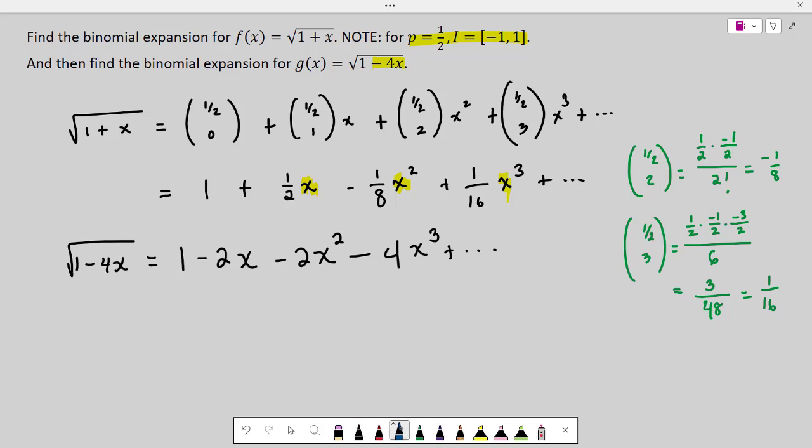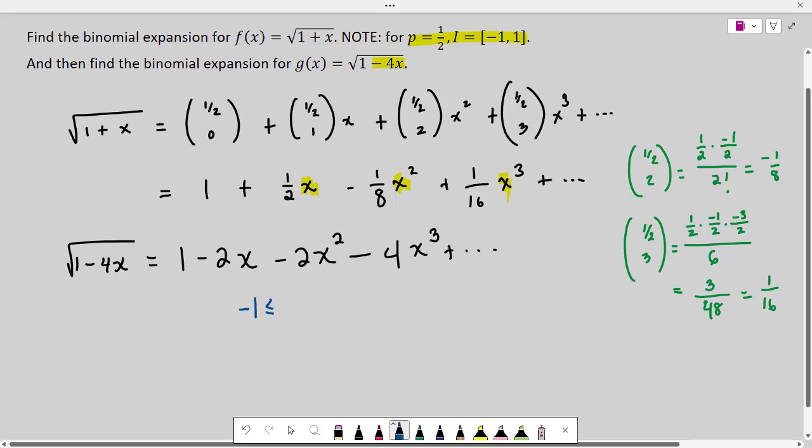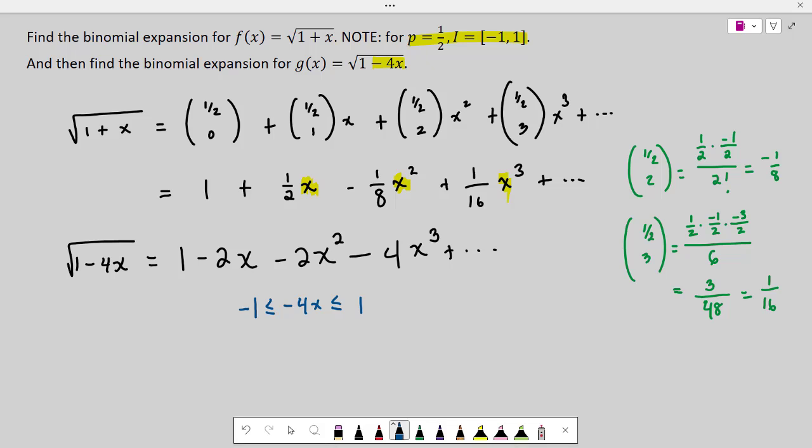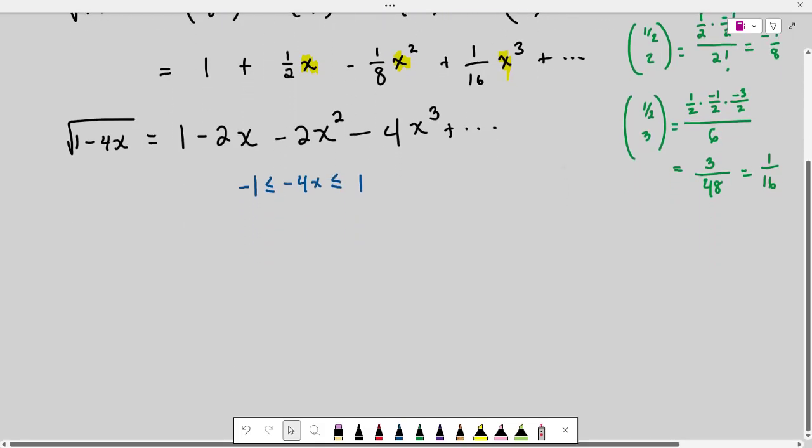And now we have to go to the interval of convergence. So we have negative 1 less than or equal to, instead of x, we have negative 4x. So again, the nice thing here is we're not going to have to test endpoints. We just have to simplify the radius of the interval of convergence.